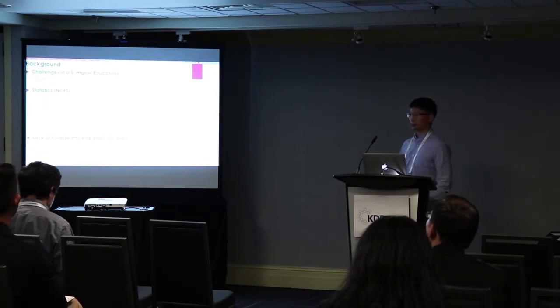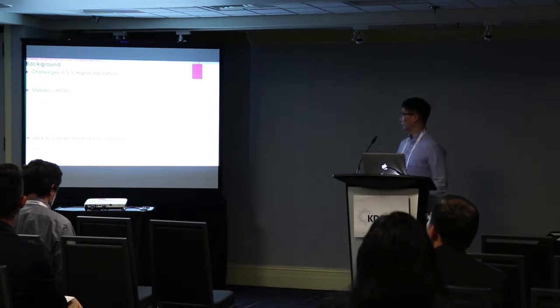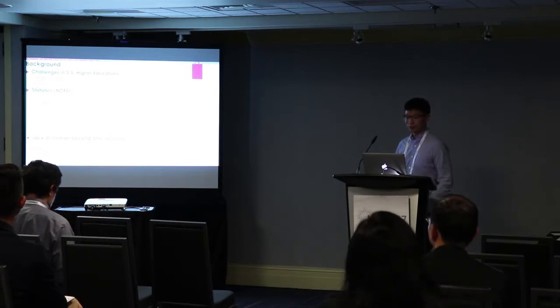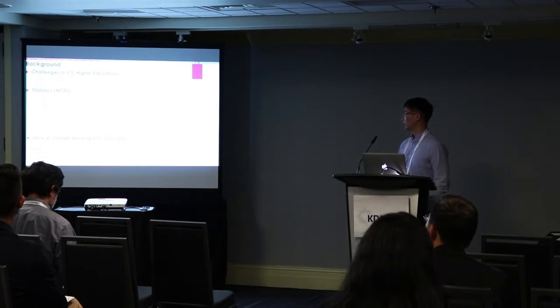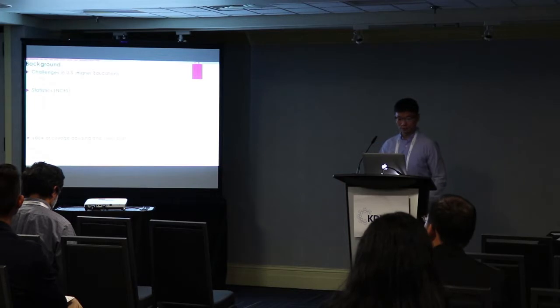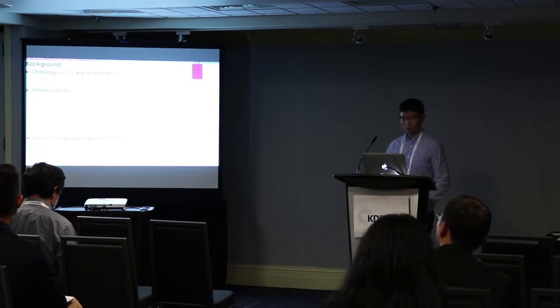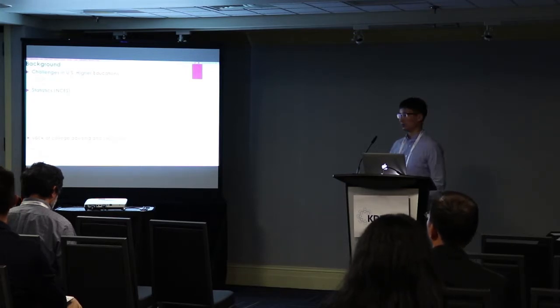So why do we do grade prediction? Because the high dropout rate and low graduation rates in U.S. higher education have been challenging for decades. According to the National Center for Educational Statistics, the 6-year graduation rates are 59% for public institutions, and 66% and 23% for private non-profit and for-profit institutions.